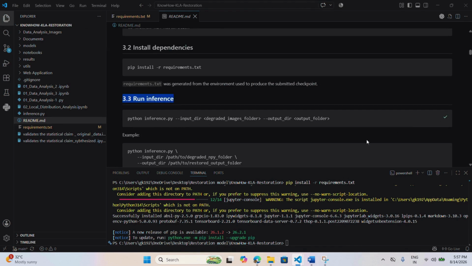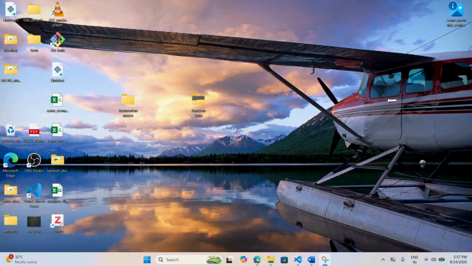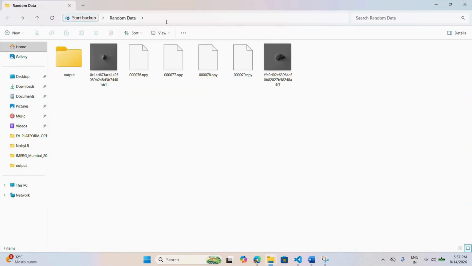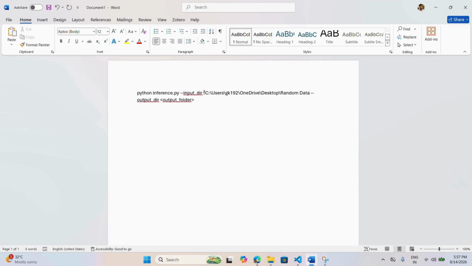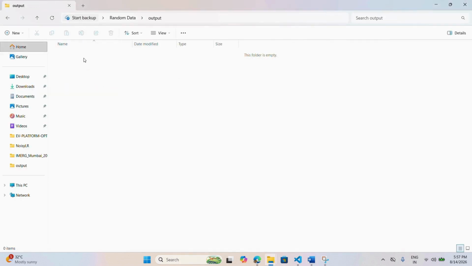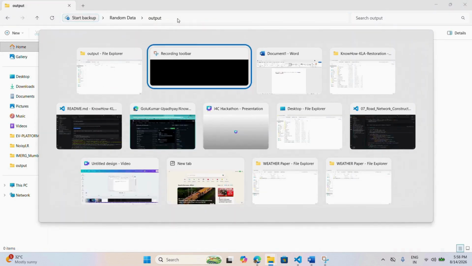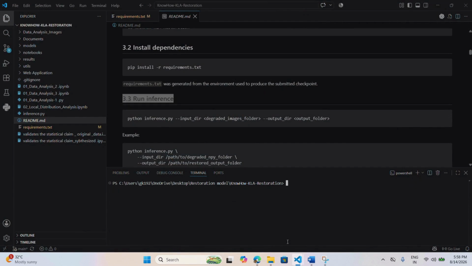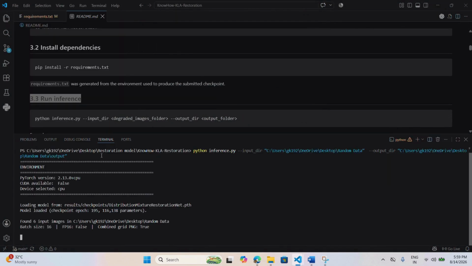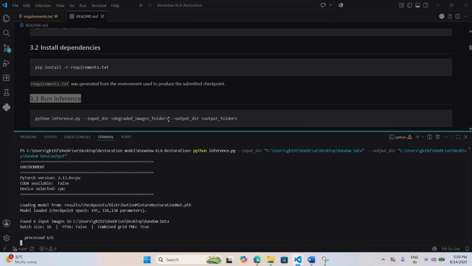The script accepts an input directory and an output directory. It automatically loads the trained checkpoint, runs the restoration model, and writes the restored images.